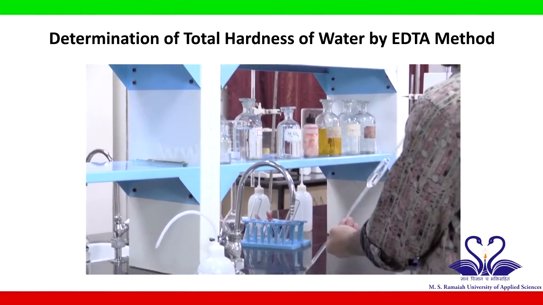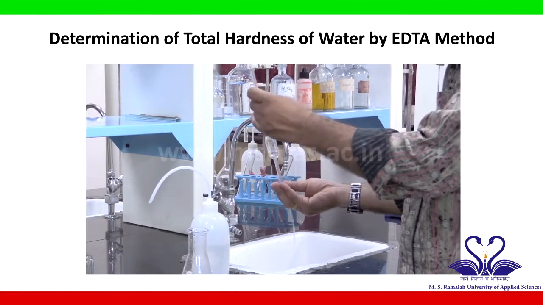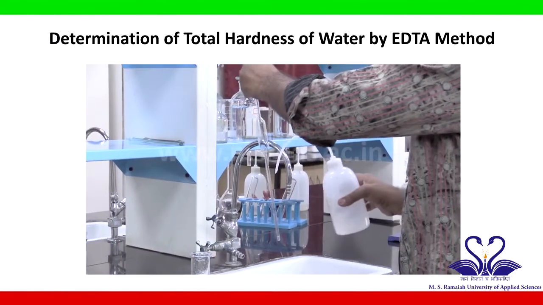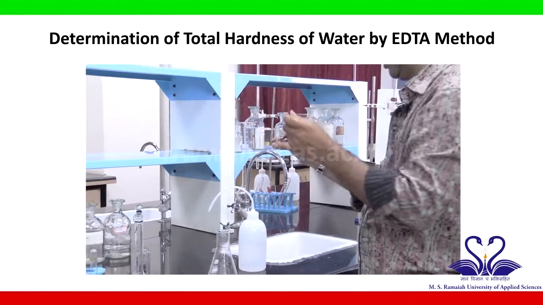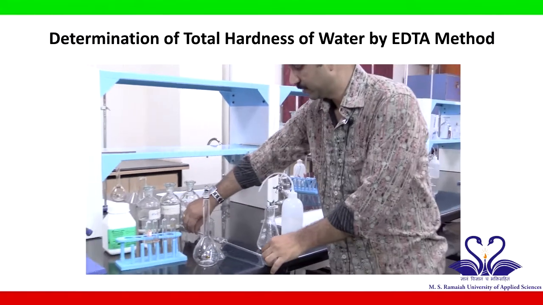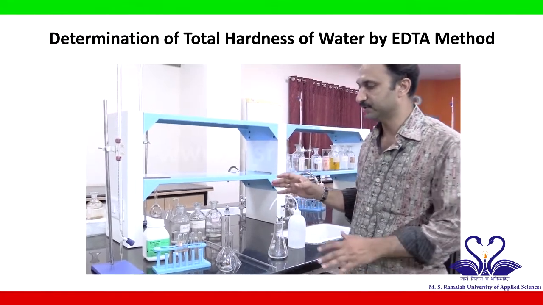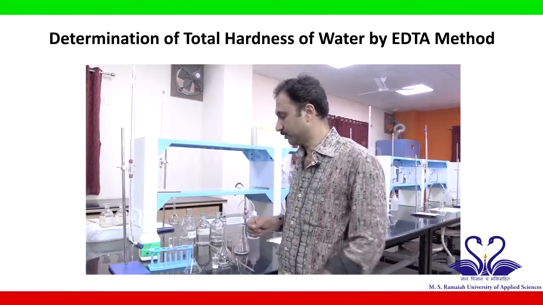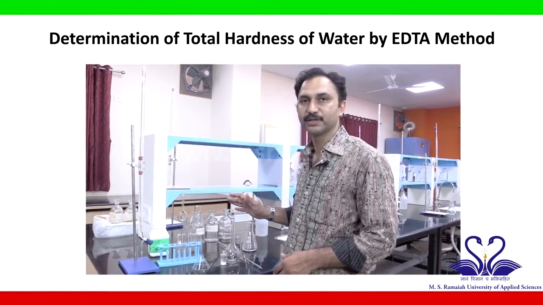Make it flow from both the ends. Now all my glass apparatus are washed and kept. So all the glass apparatus is washed with tap water and then rinsed with the distilled water.